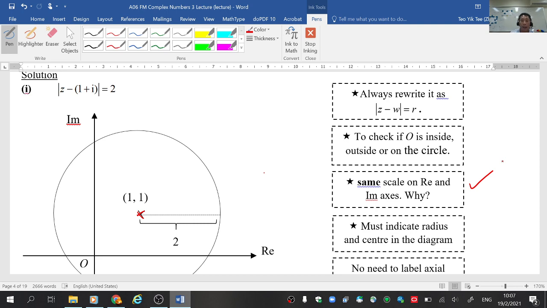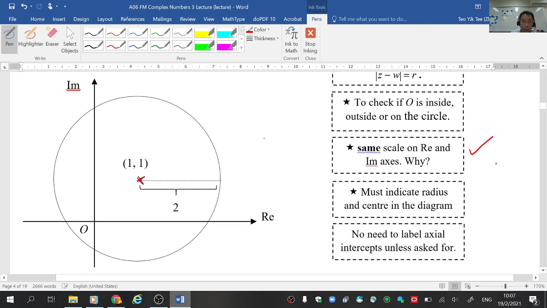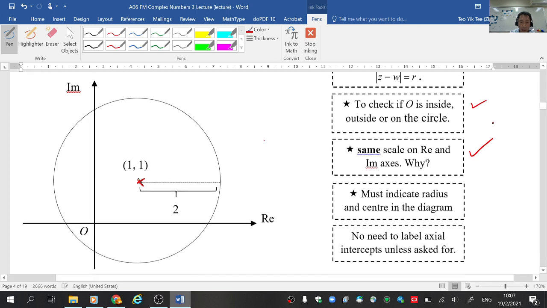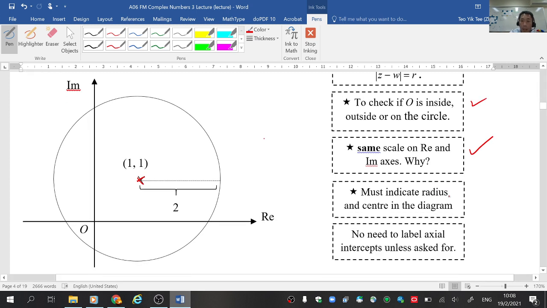Then a few things you must know are written here. Please check whether the origin cuts the circle, or whether the origin is inside the circle or outside of the circle. And for a circle, you surely must indicate where the center is and what the radius of the circle is. So very clearly I've indicated (1, 1), and I've indicated 2 as the radius of the circle.